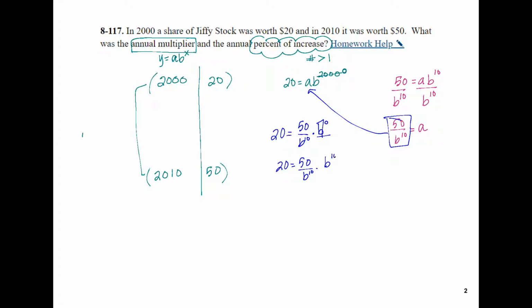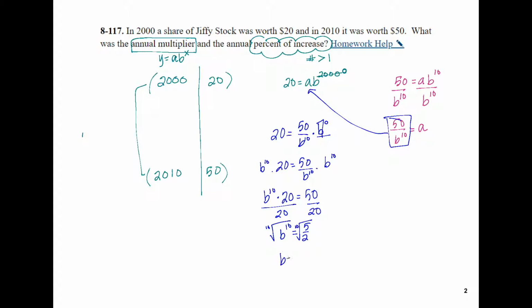Inverse operations to get b to the 10th out of the denominator. So we get b to the 10th times 20 equals 50. Divide by 20. b to the 10th power equals 5/2. The inverse of something to the 10th power is taking the 10th root of both sides.